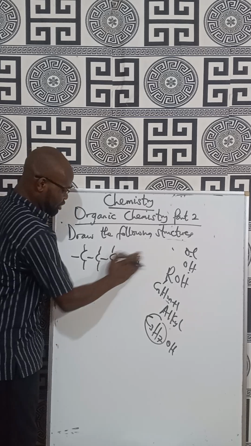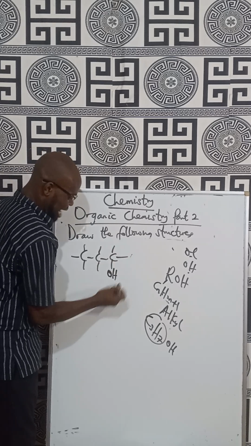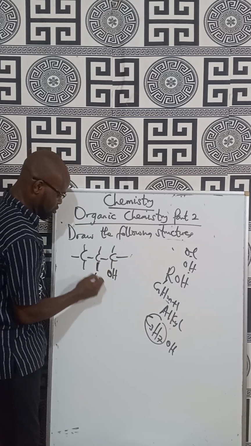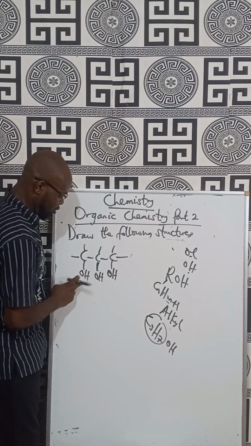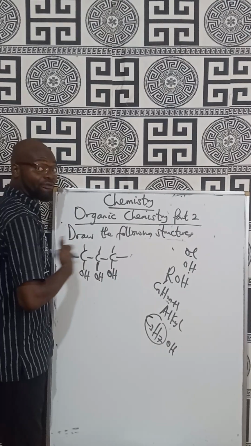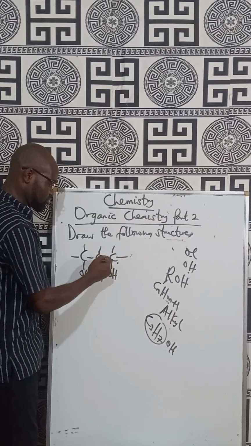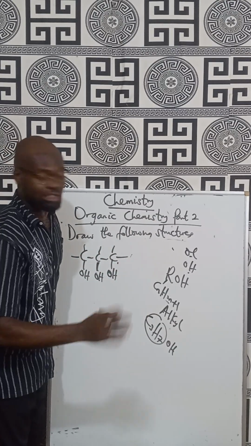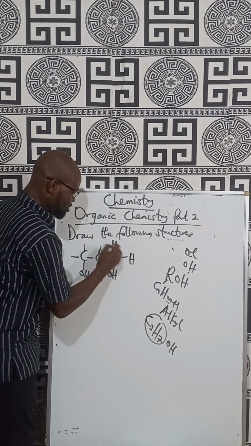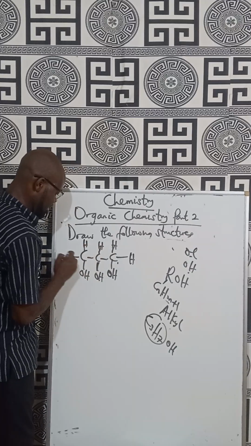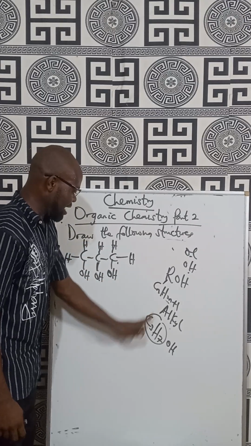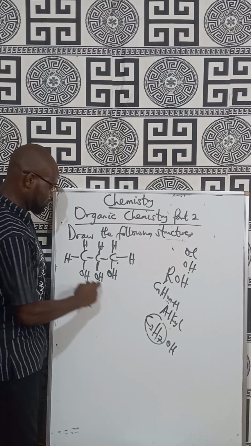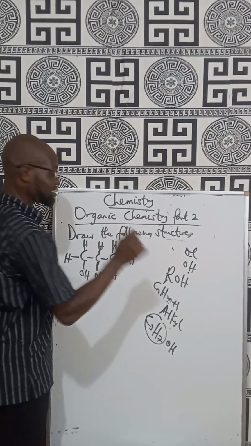So I put the OH on carbon number 1, number 2 also OH, carbon number 3 OH. You can start from the back or from the front. Then the rest will be normal H: H, H, H, H, and H. So this is propane-1,2,3-triol. You can see, very simple.